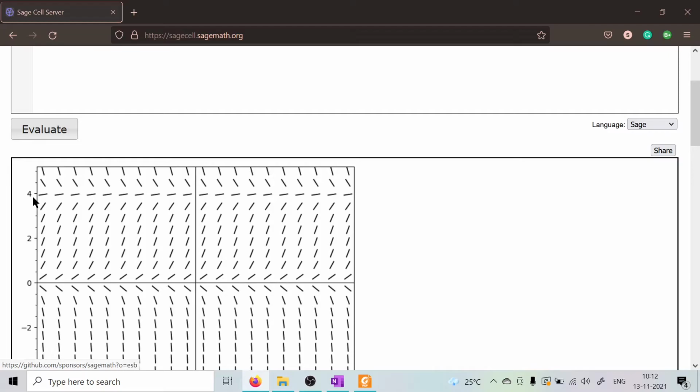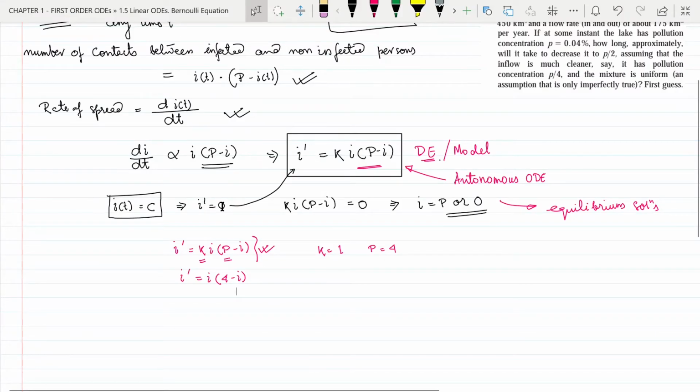You can see at 4 and at 0, the slope field has slope approximately equal to 0. At 4, the slope is 0. Also at 0, the slope is 0. That means if slope is 0, then I dash equal to 0, which means I equal to constant, and those are the equilibrium solutions.